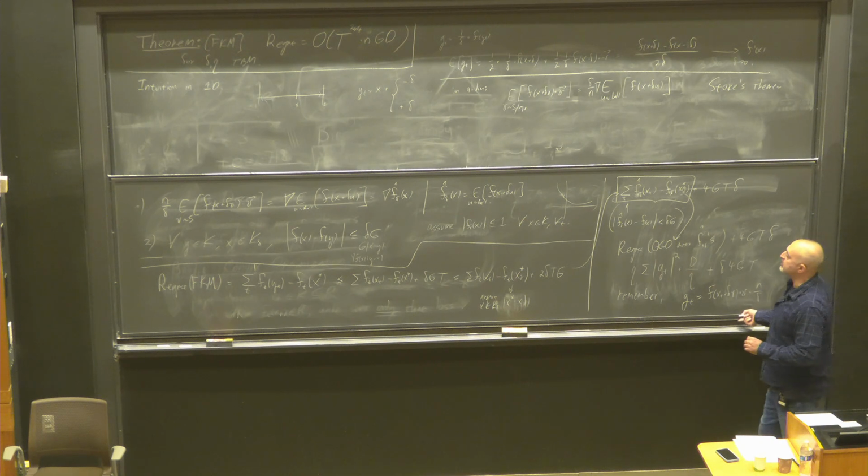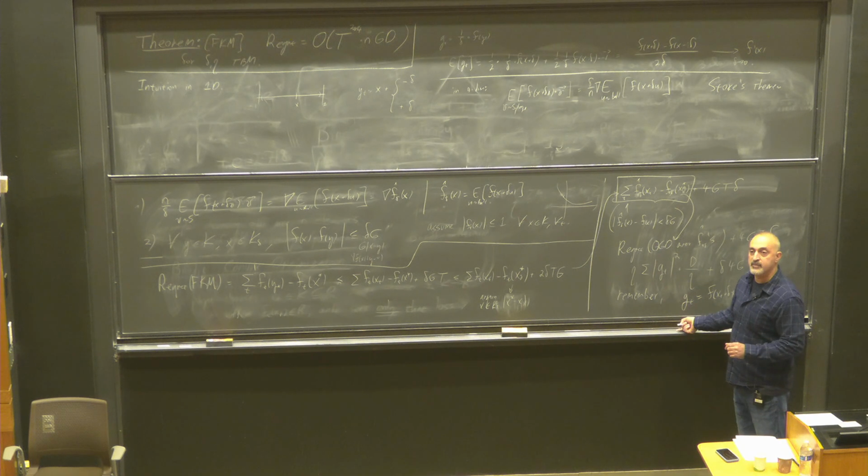Good. So what is the bound on how big g_t is? Exactly, n squared over delta squared.